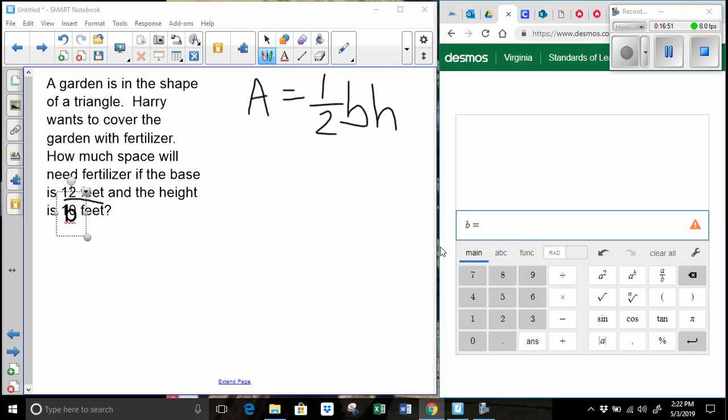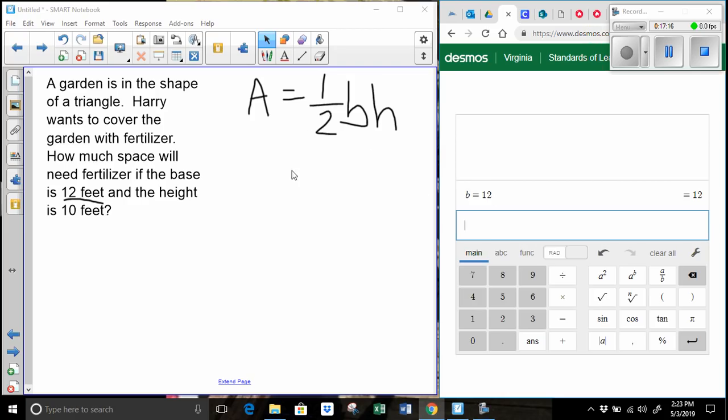It says that the base is 12 feet. So B equals, and then I'm going to type 12. Then I'm going to hit enter. So now this is telling the Desmos calculator that, hey, anytime I see the letter B, it's going to be 12.